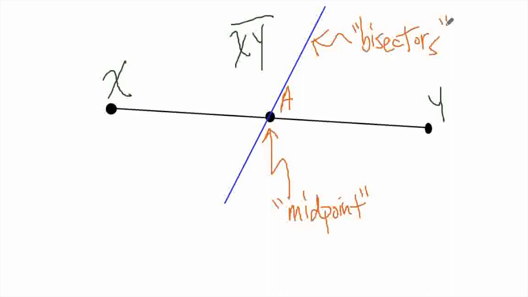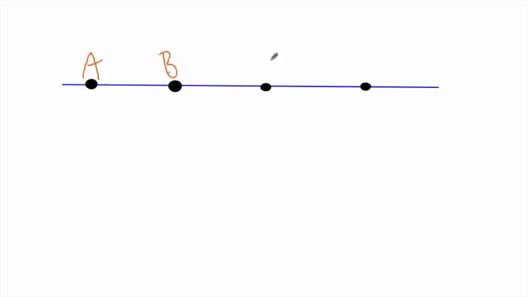Now, the last thing I need to talk about is what does it mean to add and subtract line segments. So let me draw a line. Let me label some points on it. We'll call this A, B, C, and D. What would it mean to say take the line segment between points A and B and add that to the line segment between B and C?